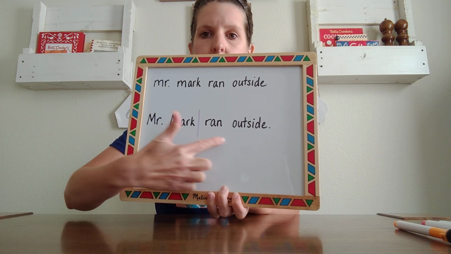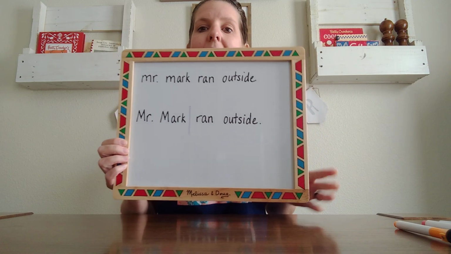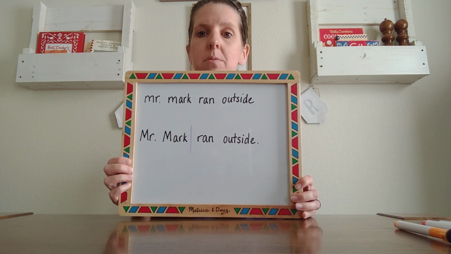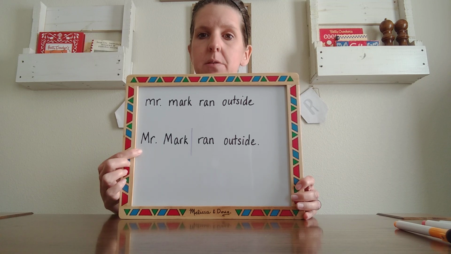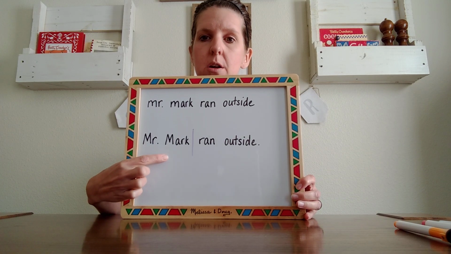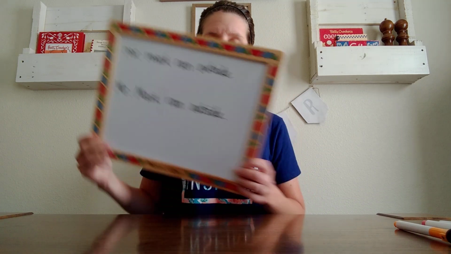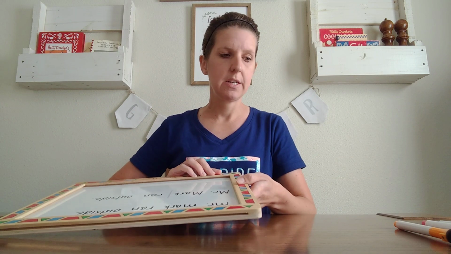Subject, predicate. Okay, now if I look in my subject, what is my noun in my subject? Well, I see Mr. Mark is my noun. Mr., is it Mark or is it Mr. Mark? It's Mr. Mark. Mr. is just his title.